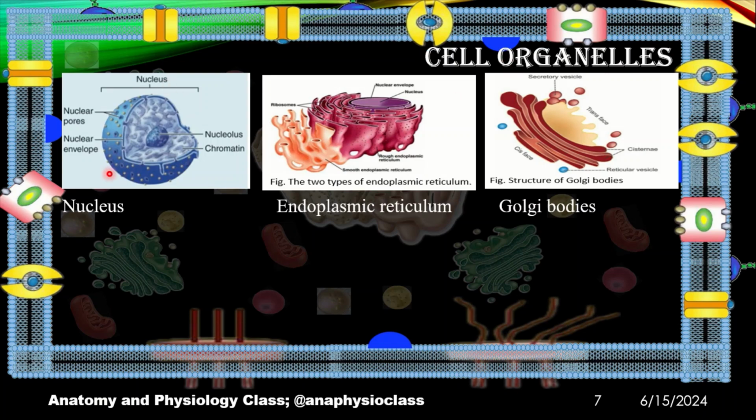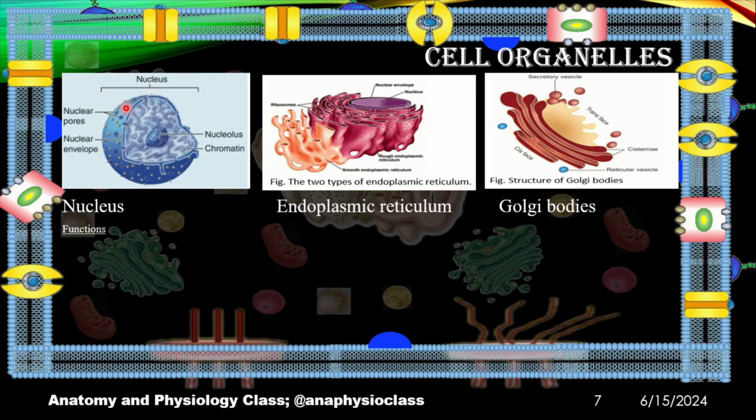So let us start with the nucleus. The nucleus is a spherical organelle. It is bounded by a double membrane, and it has so many pores on its membrane, which are known as the nuclear pores or holes.